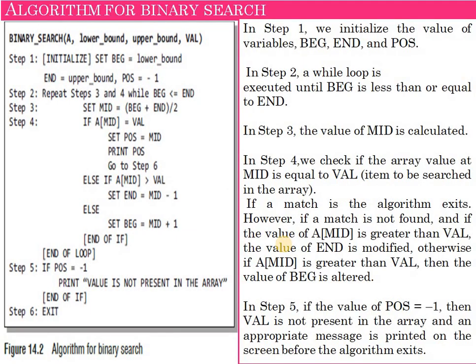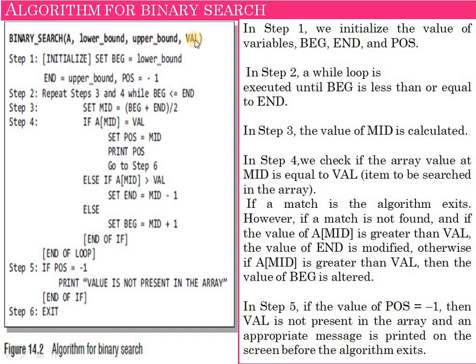Now consider the algorithm for binary search. Here we have four input variables. First is the array A, second is the lower bound, meaning the leftmost side, then the upper bound, meaning the upper right.